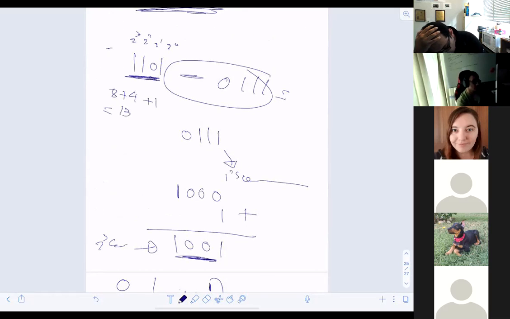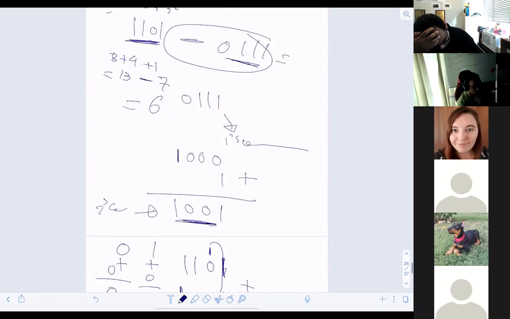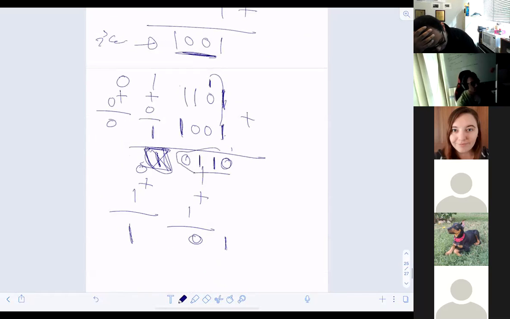That's 13. Minus, this is what? 7, right? So 13 minus 7 is what? 6, right? That makes sense? So I don't need to make the 2's complement to get the output.